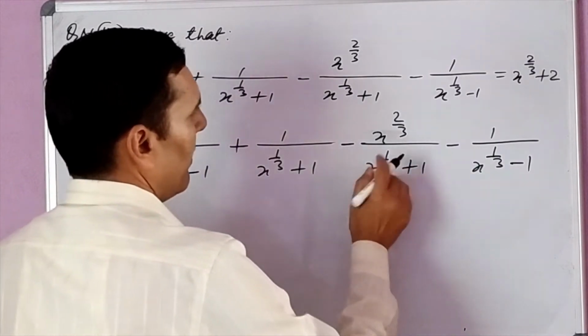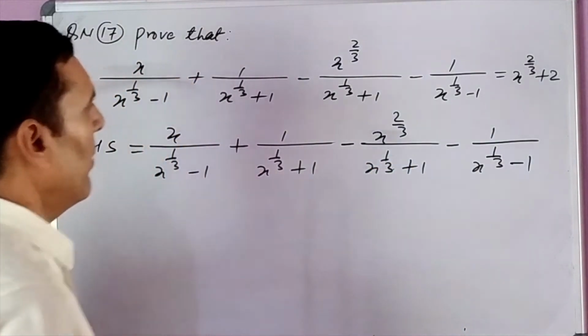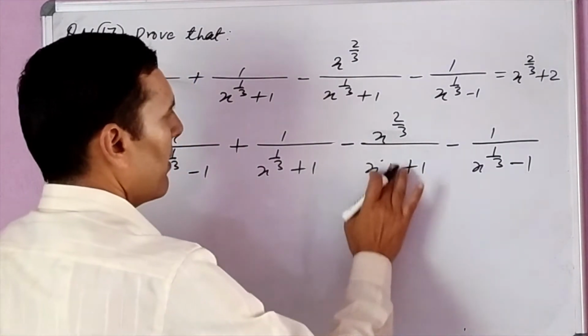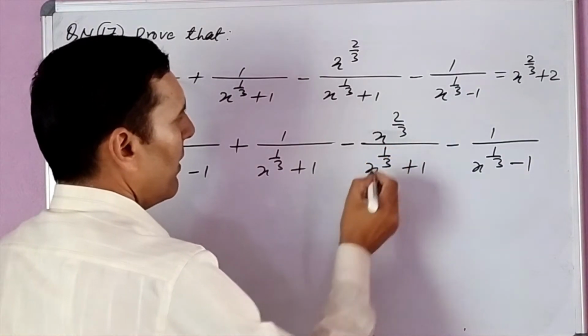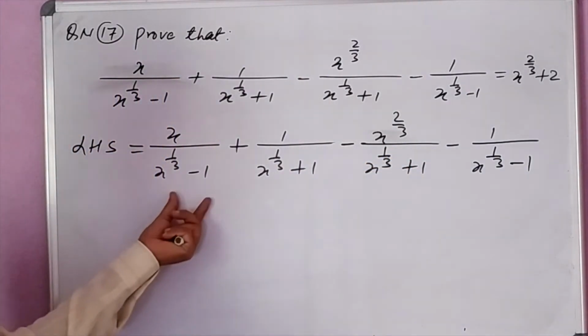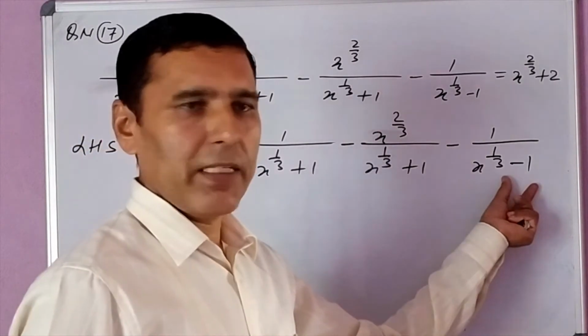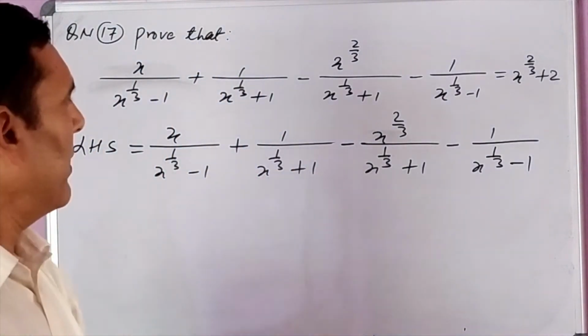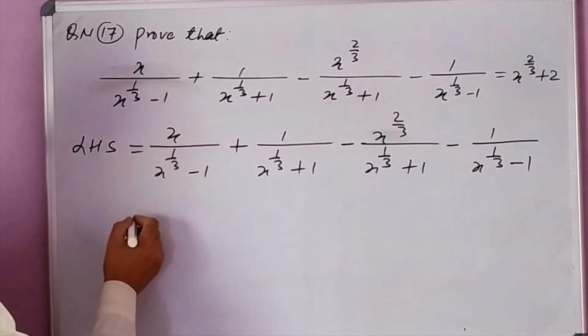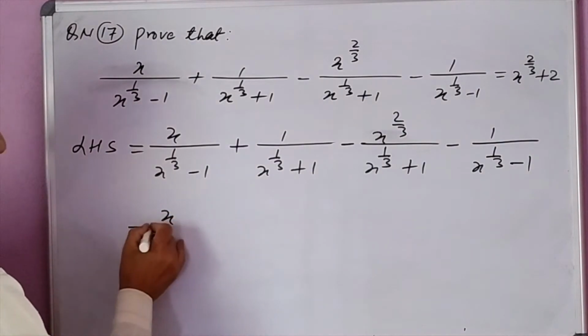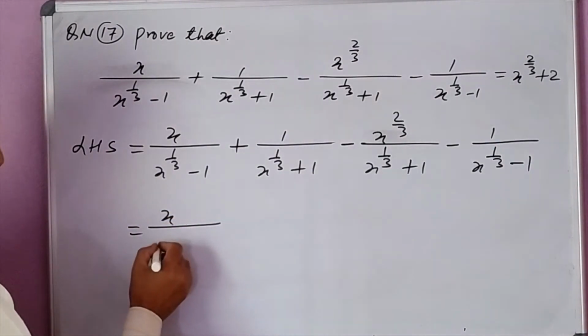To simplify it, we write the terms having the same denominator together. You can see the first denominator and last denominator are the same, and the second and third denominators are the same. So I am writing the first and last terms together.